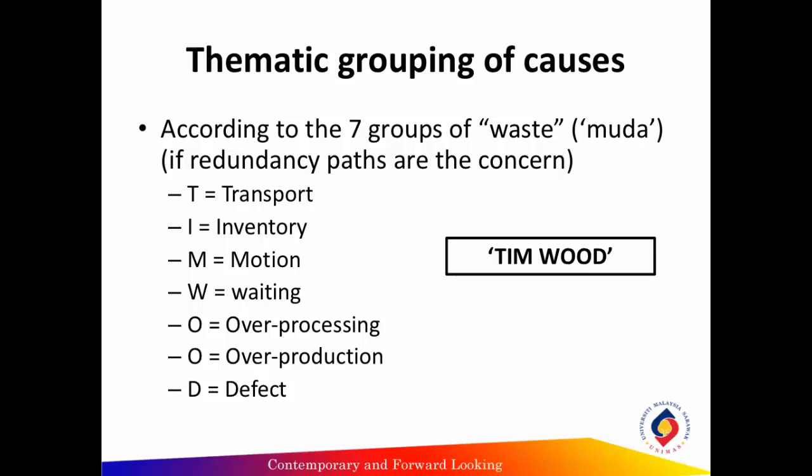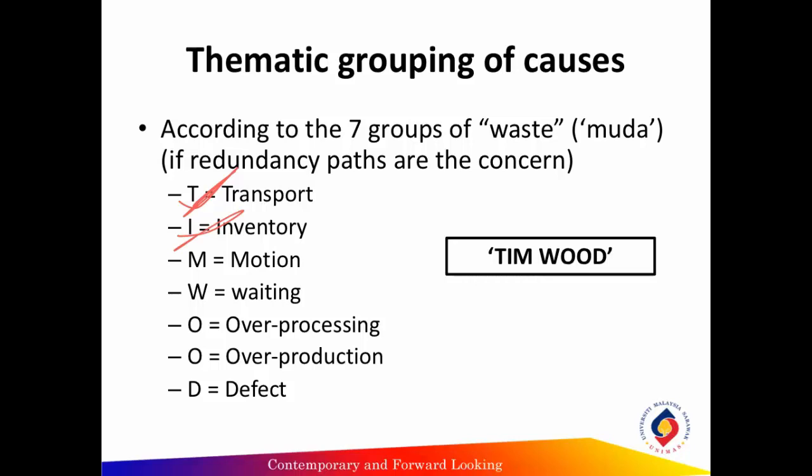According to lean management, there are 7 groups of waste, and these include too much transportation, unnecessary redundant transportation of the patient, for example, moving the patient to x-rays and moving him back to the ward, and then moving him back again to the x-rays department.